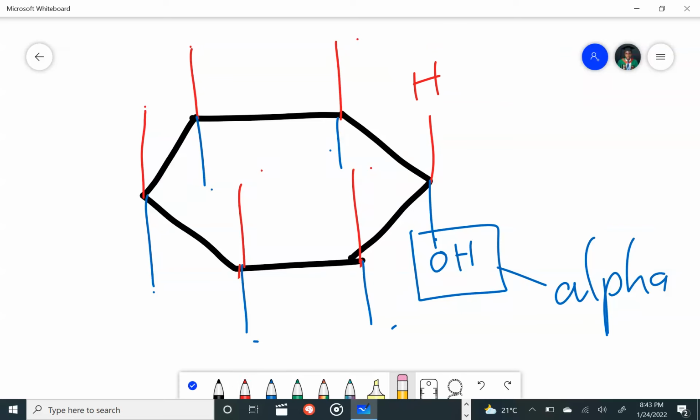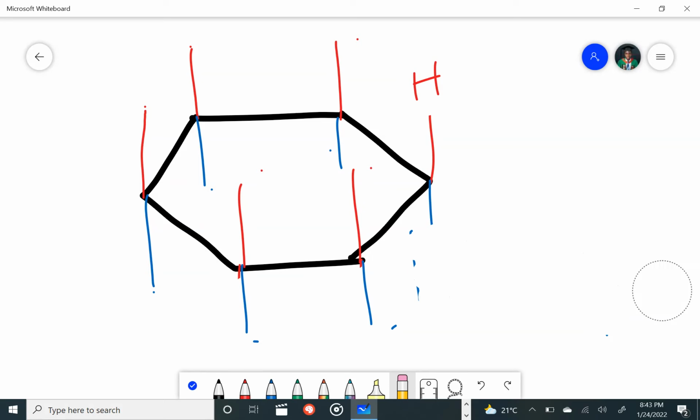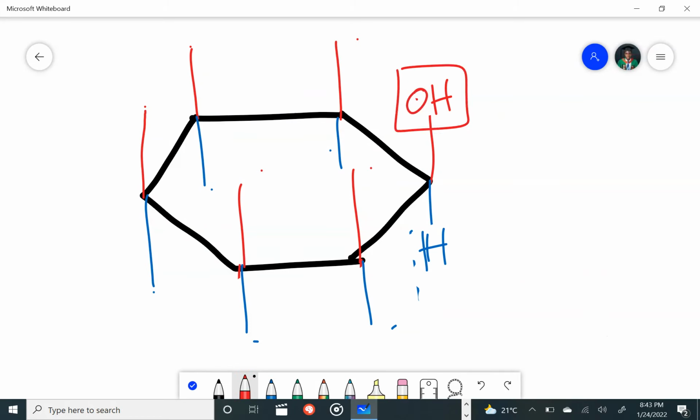Then if we have this hydroxide on top, this is going to be beta, and the hydrogen is going to be down.